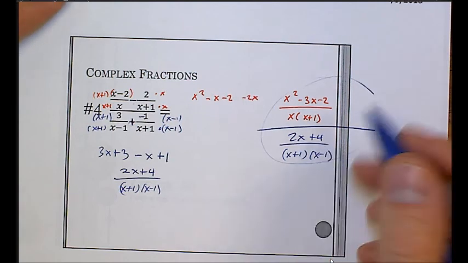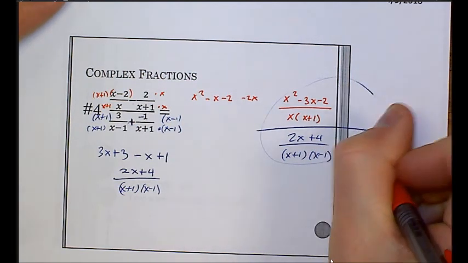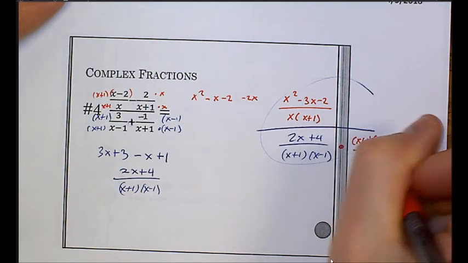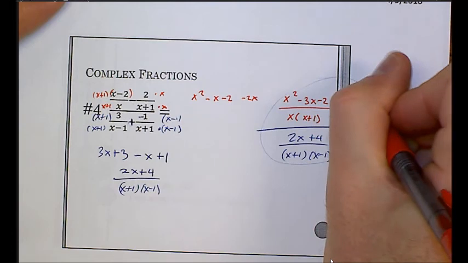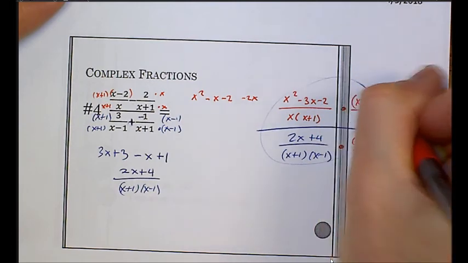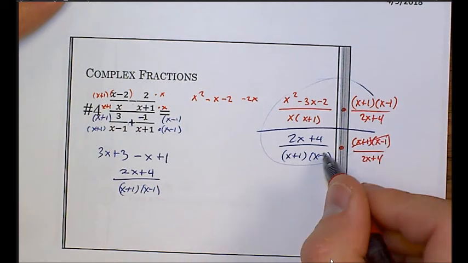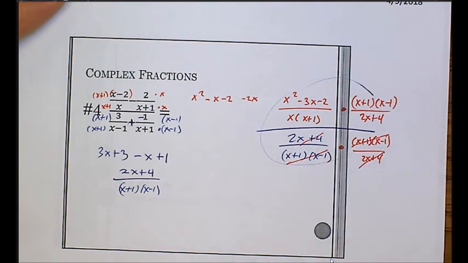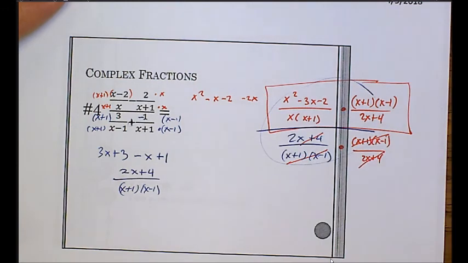It's division, so I'm going to multiply by the reciprocal, top and bottom. Okay. The whole point of doing that is so that you get rid of a fraction within a fraction, and now our focus is just here, and now we're looking to simplify that.